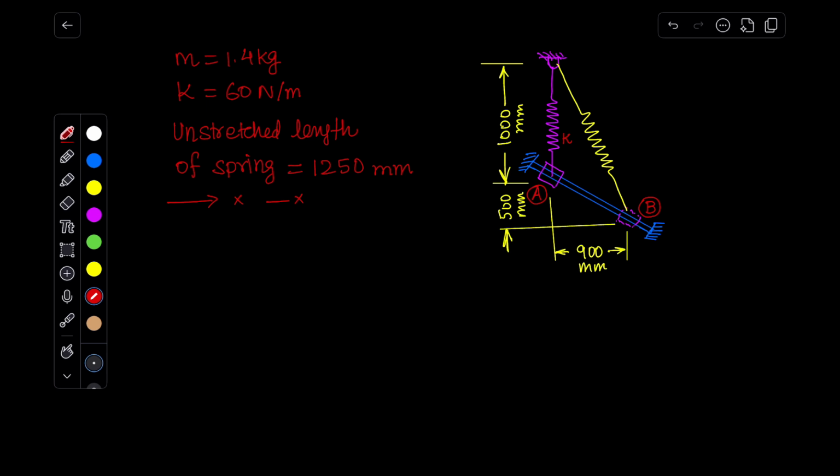Now let's solve this problem by using the kinetic energy and work formula. I want to highlight that the velocity at position A is 0 because in the problem it is said that it starts from the rest. So the velocity at position A is 0 and then the kinetic energy at position A will be 0.